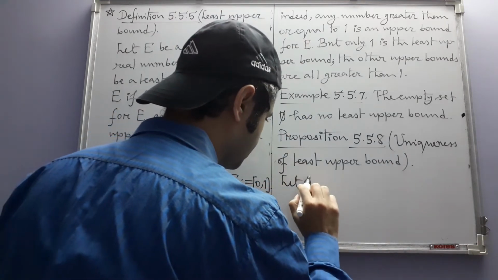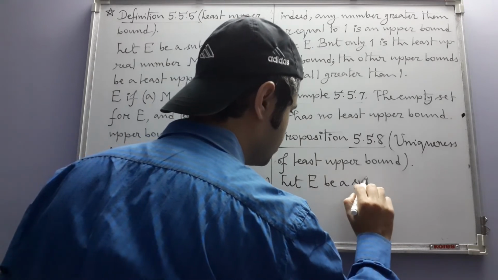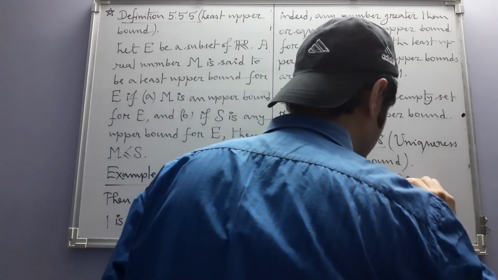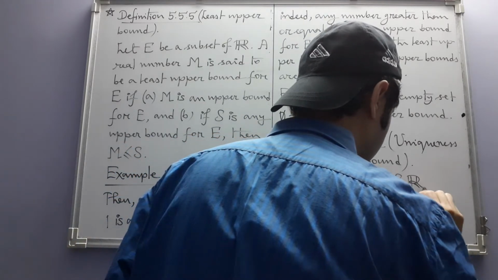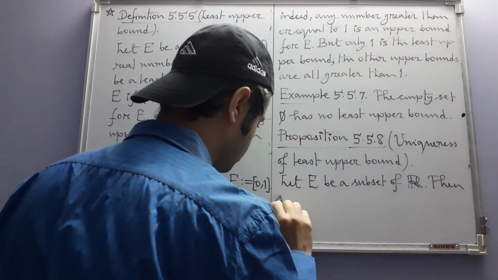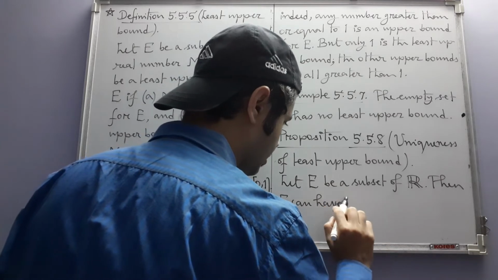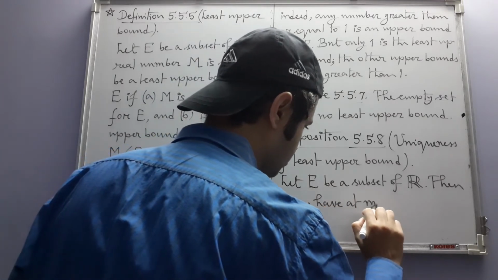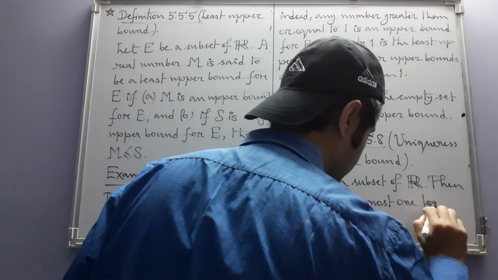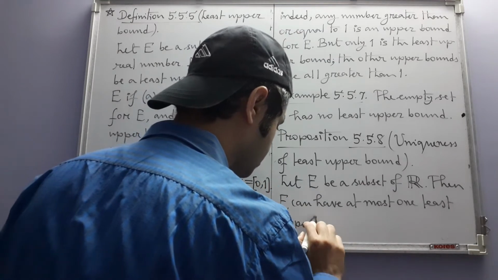Let E be a subset of R, then E can have at most one least upper bound.